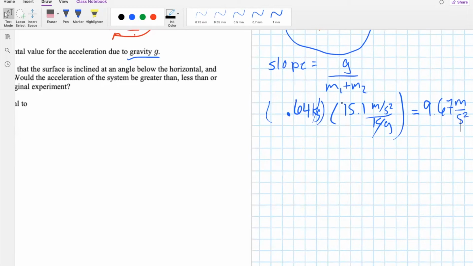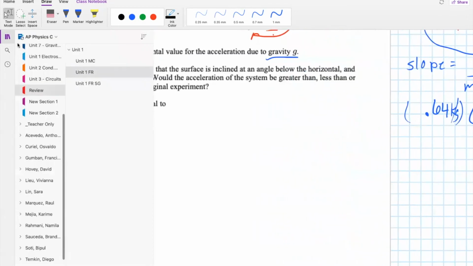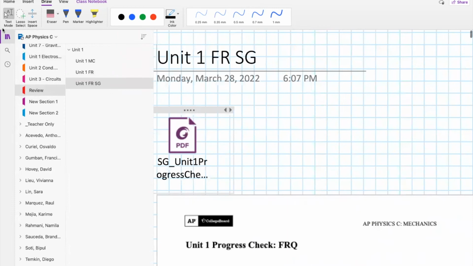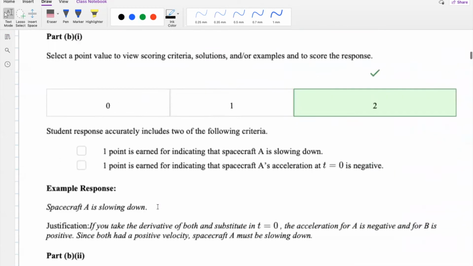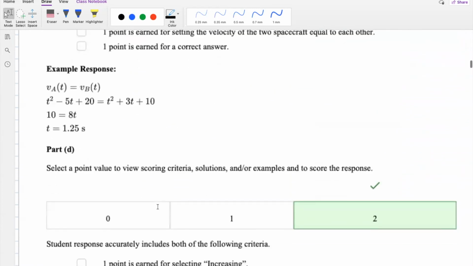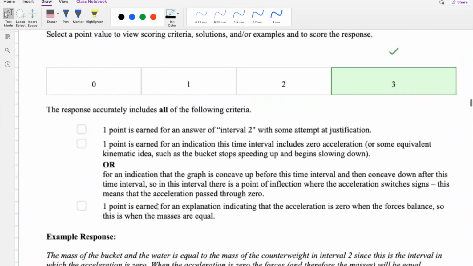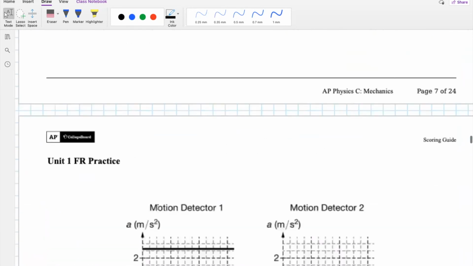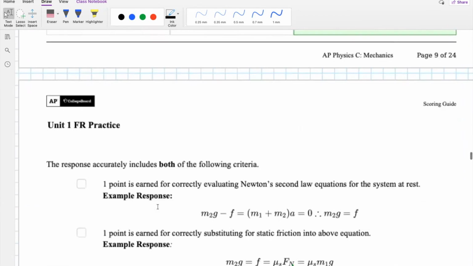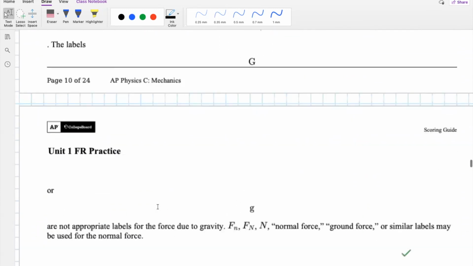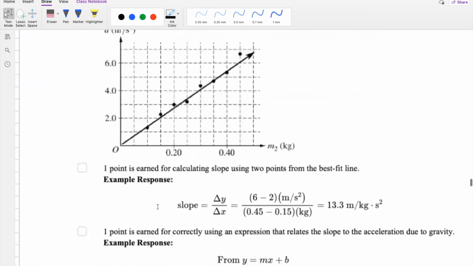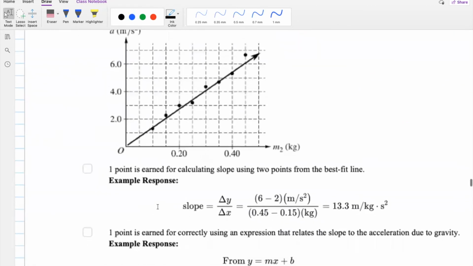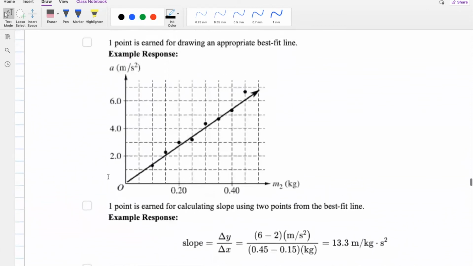Let's go ahead and see what the AP Classroom here says. Oh my goodness, it went all the way to the top. All right. Almost there. There we go. So what values did they use?